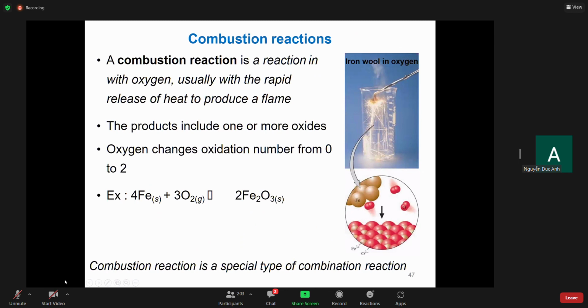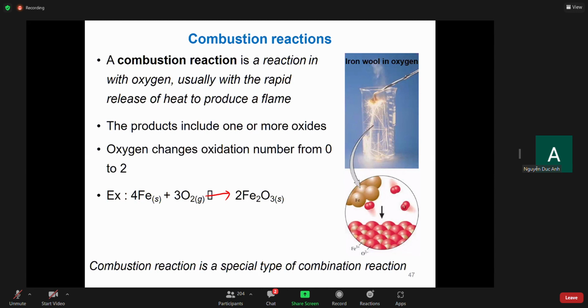One type of reaction is the combustion reaction. Actually it's a kind of combination reaction, but we treat it individually because it's too famous in high school, and it's also very familiar in real life.